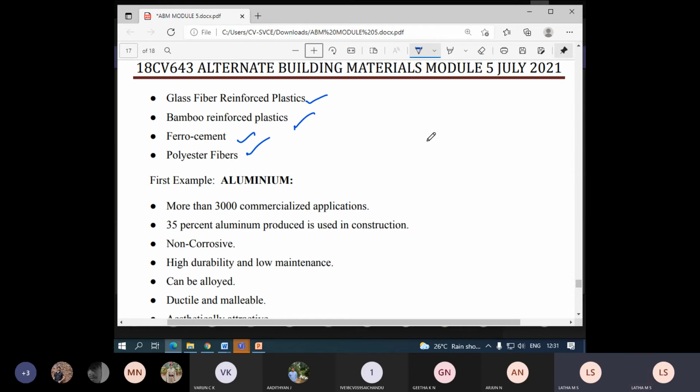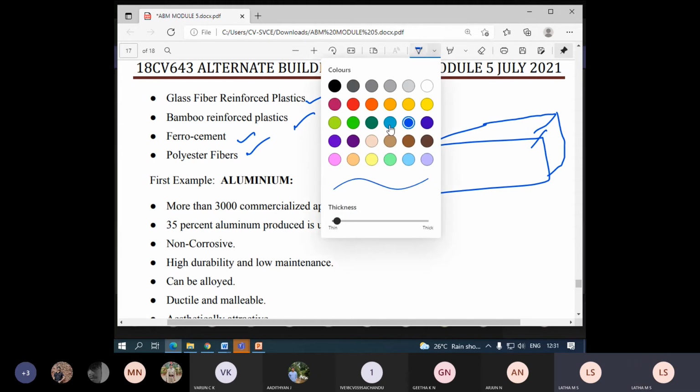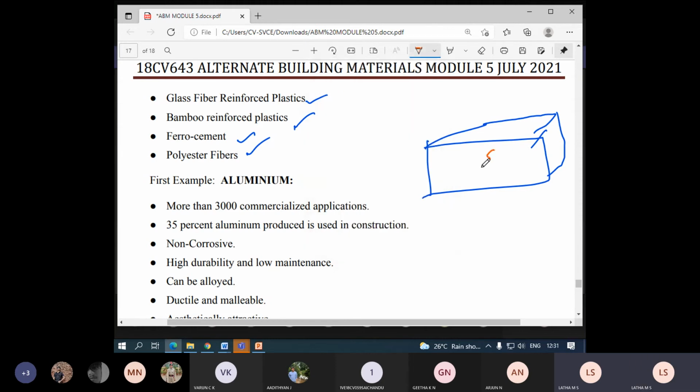For example, I'll draw the block here, and you find coconut coir. What will happen, students, if I introduce coconut coir? It will arrest the cracking.